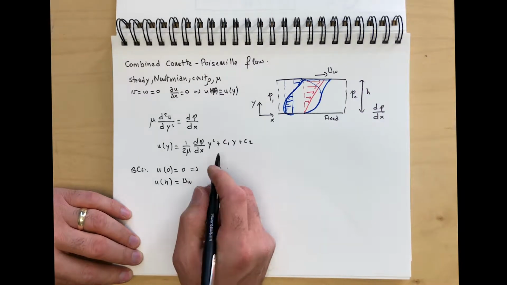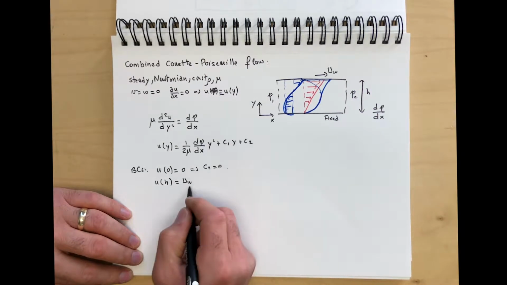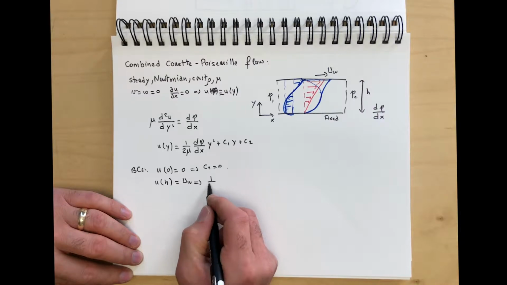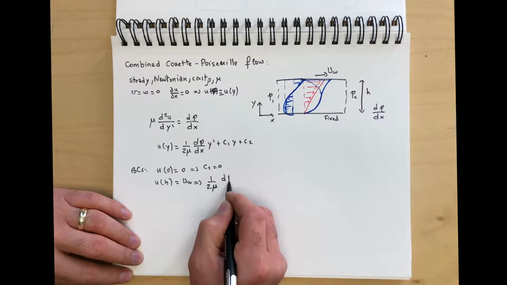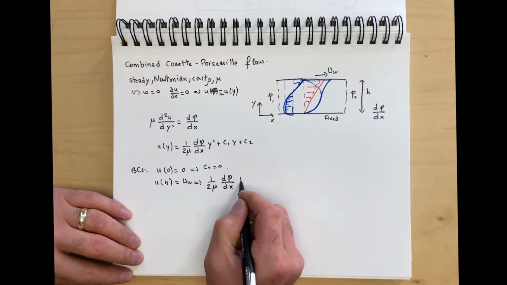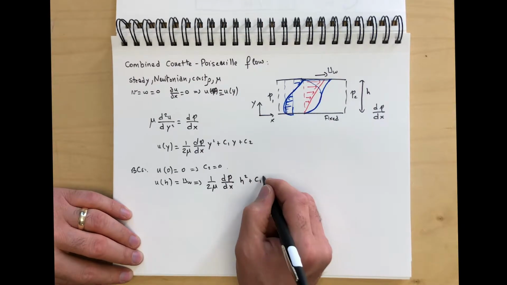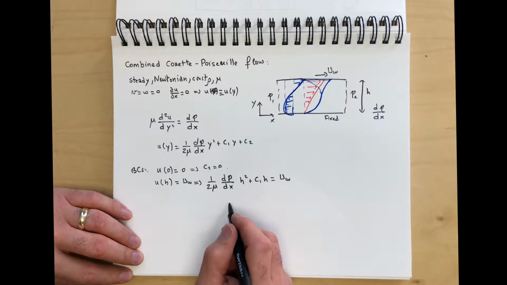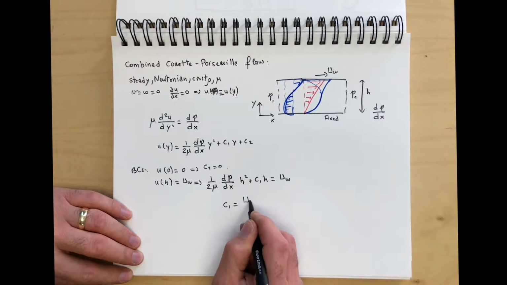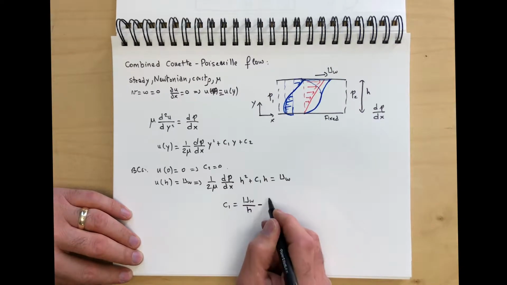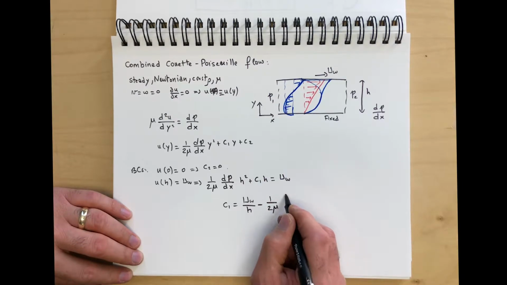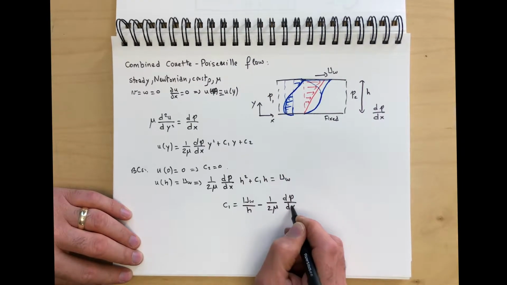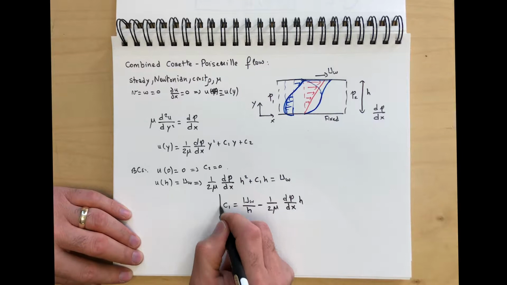So the first one implies that C2 is equal to 0. Great. The second one implies that 1 over 2 mu dP by dx h squared plus C1 h equals u wall. We divide by h, so we get C1 is equal to u wall over h minus 1 over 2 mu dP by dx h.